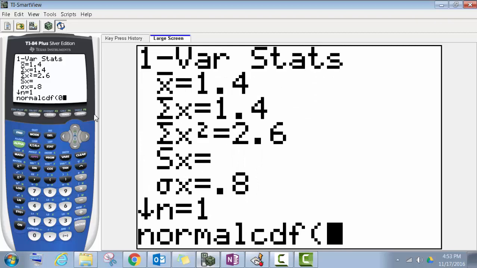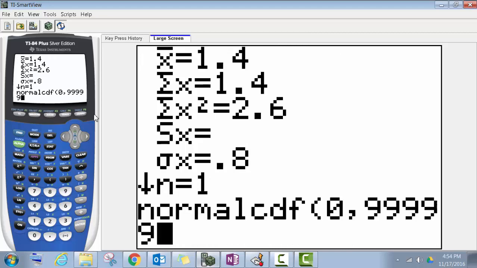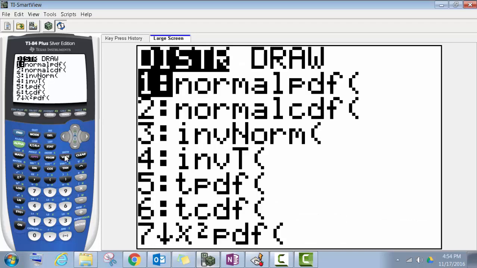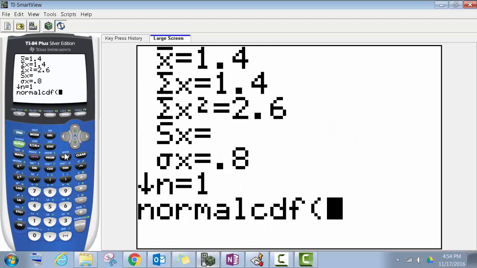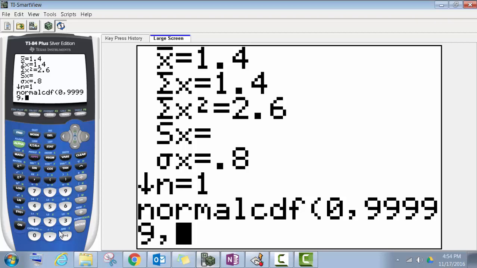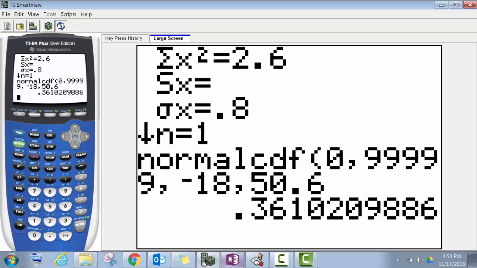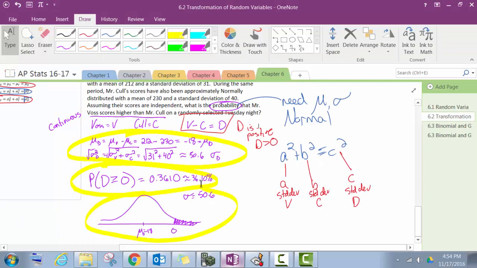We start at 0, we go to our version of infinity, comma, -18, comma, 50.6 for our standard deviation, same thing. So we get a probability of 36.10% or 0.3610.